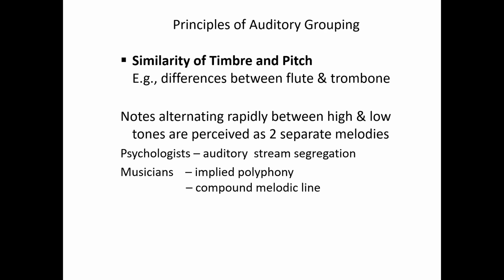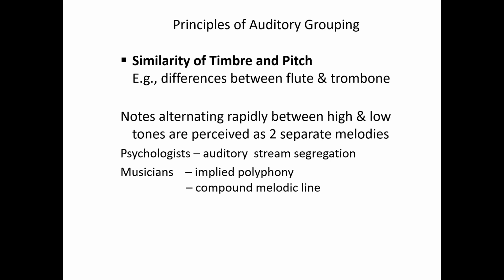We also see that notes that are alternating rapidly between high and low tones are perceived as two separate melodies. So if the high tones are different from the low tones, and we're alternating those rapidly enough, we'll get this auditory stream segregation, where we hear a melody in the high tones and a melody separately in the low tones.